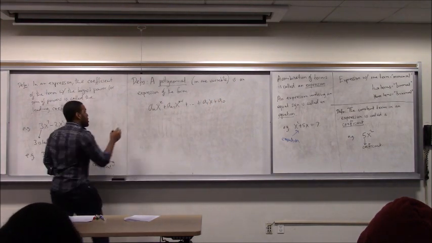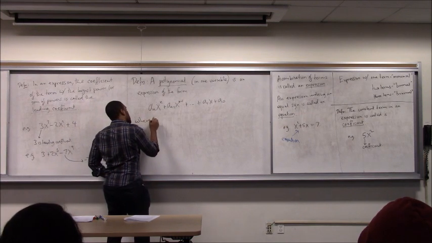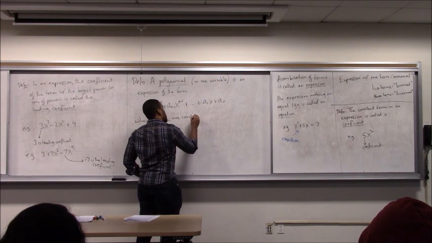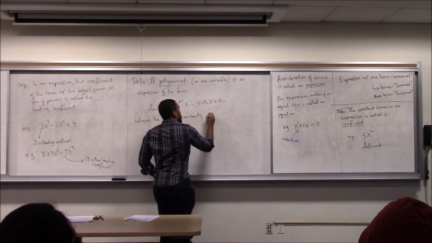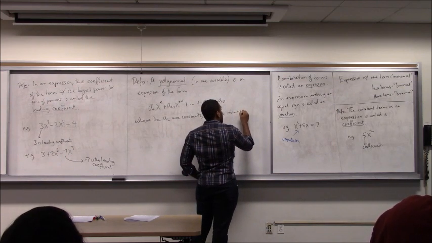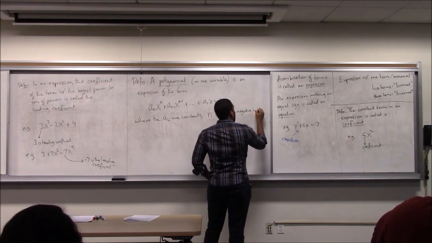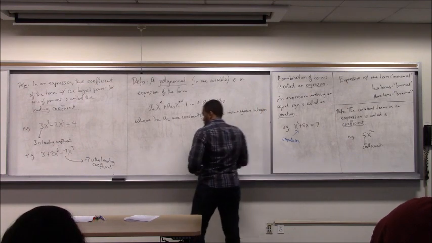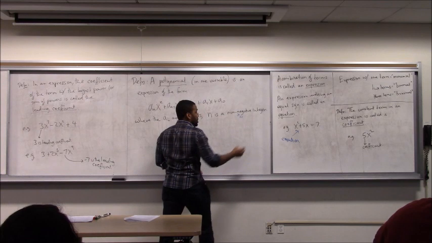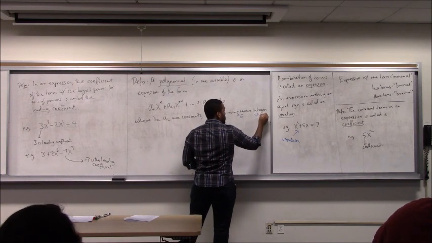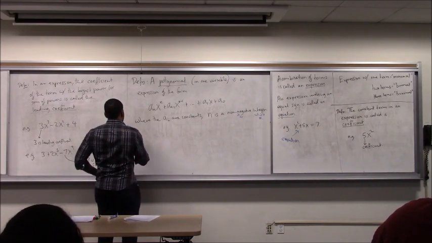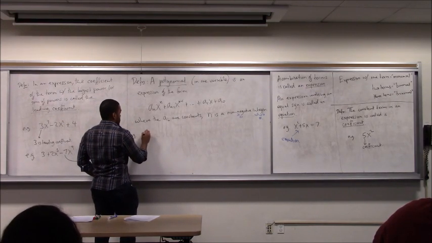It's an expression that looks like that, where the a_i are constants, just numbers on the number line, and n is a non-negative integer. The expression non-negative means greater than or equal to 0. Integer means whole number.